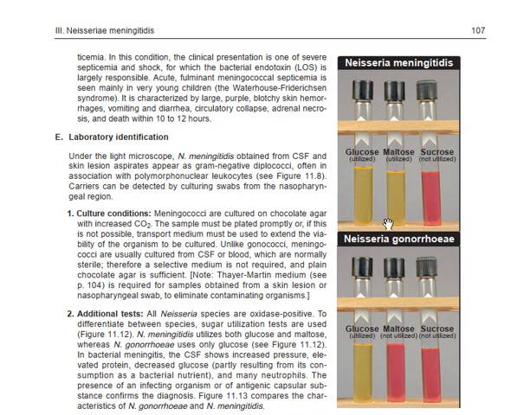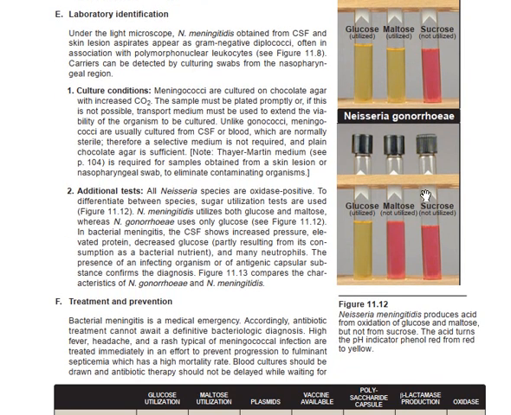When phenol red is placed with maltose, it's going to still turn yellow. Is it clear? But it's not going to turn yellow with sucrose. Phenol red is going to remain red in case of sucrose. Is it clear? Why? Because Neisseria meningitidis does not produce acid from sucrose.